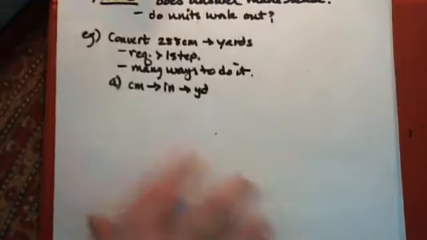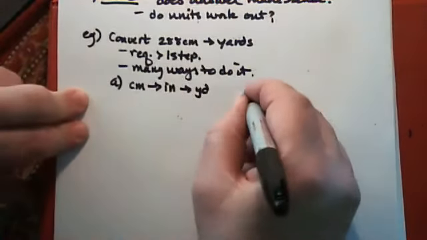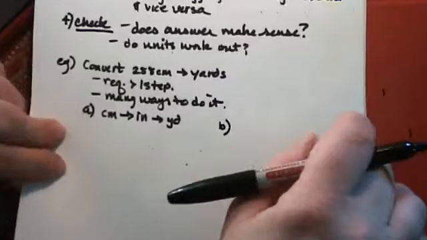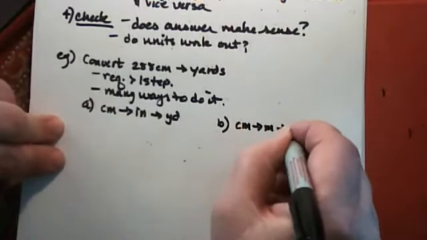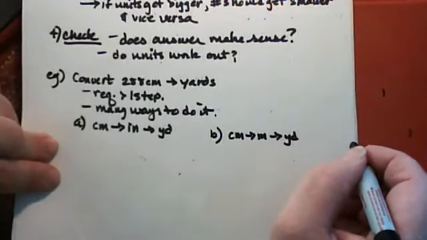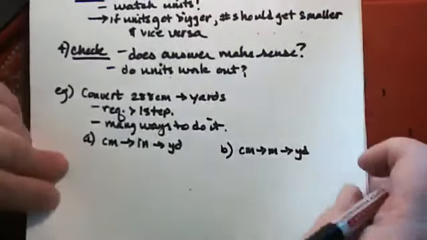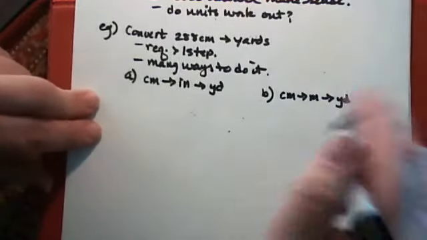The first method could be to go from centimeters to inches to yards. The second method could be to go from centimeters to meters to yards. And like I said, there are any number of other ways to do it.